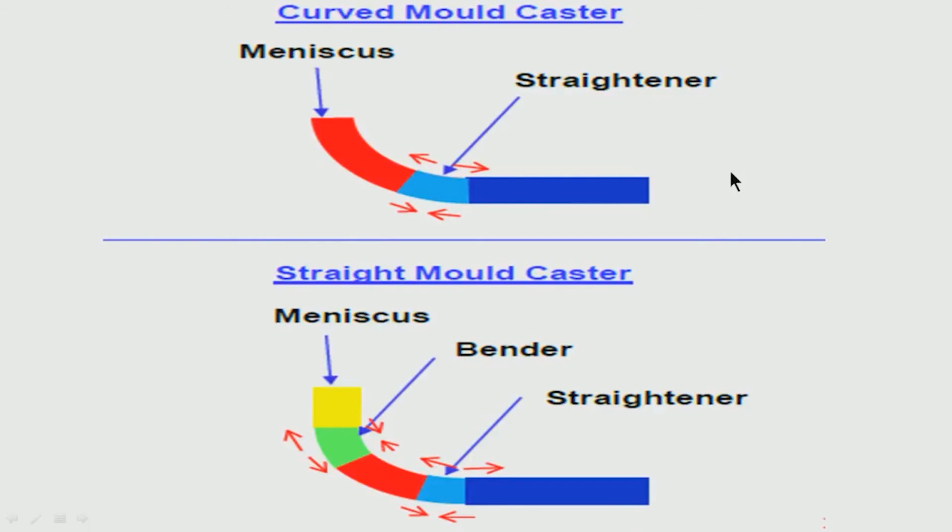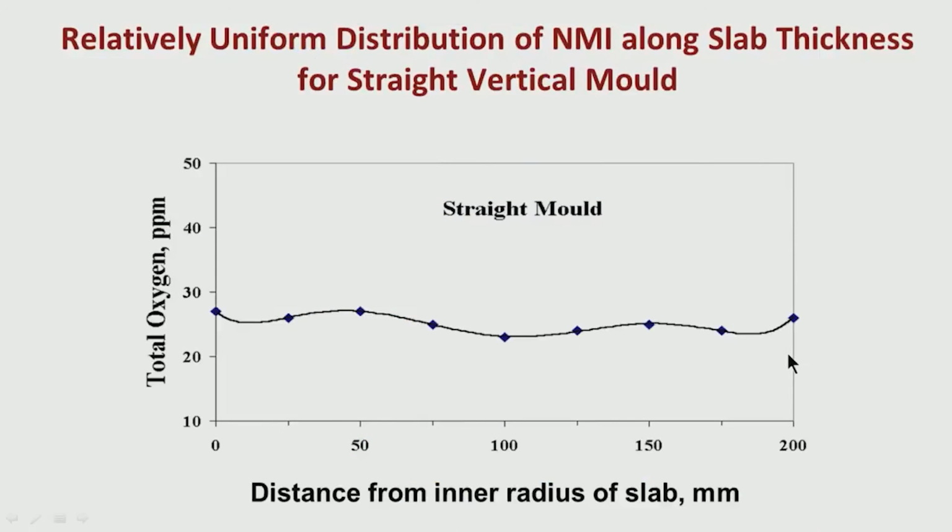So, even if the level of inclusions, the level of cleanliness, is the same in both the cases, the distributions are not the same. Distribution means more inclusions near the inner radius for a curved mold, but here it is more or less uniform throughout the thickness. I am talking about the thickness of the slab here.